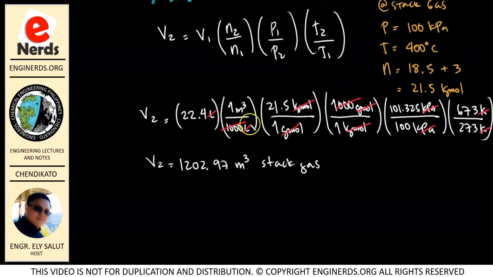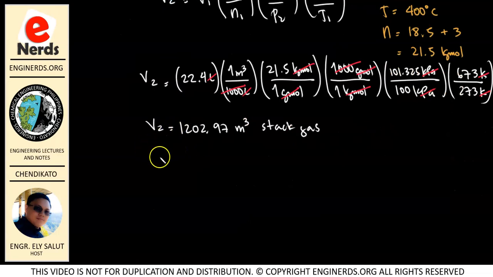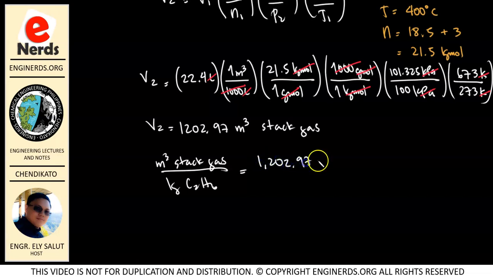Okay, so our requirement is cubic meter of stock gas per kilogram of our fuel. So we have cubic meters of stock gas per kilogram of C2H6. Okay, so cubic meter of stock gas, which is 1202.97 cubic meters, divided by the weight of our C2H6, which is 30 kilogram of C2H6.